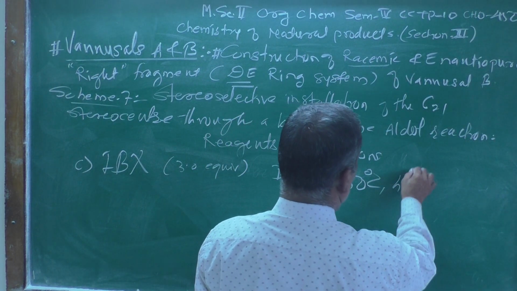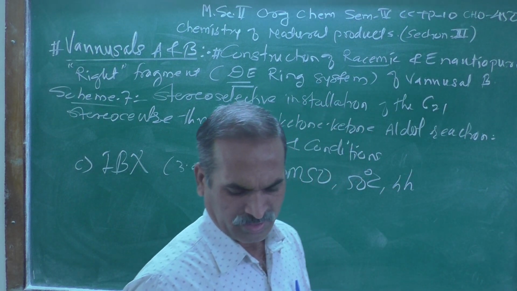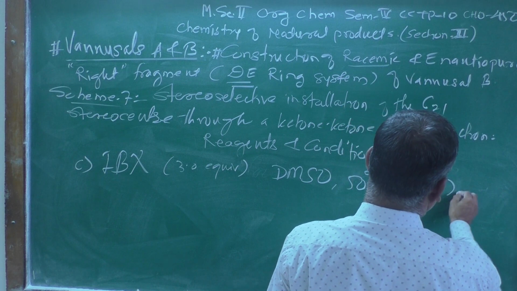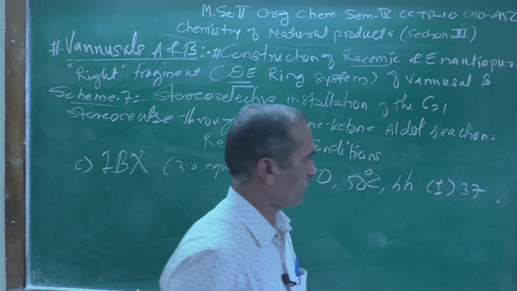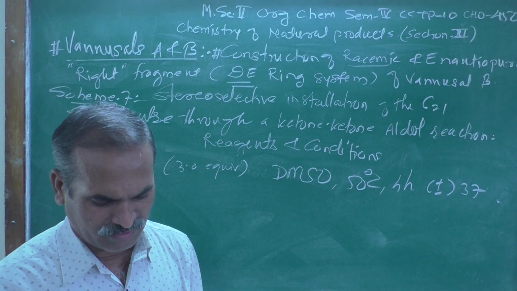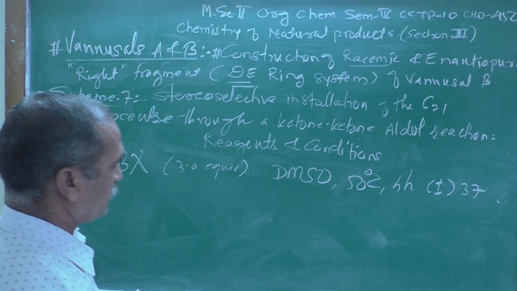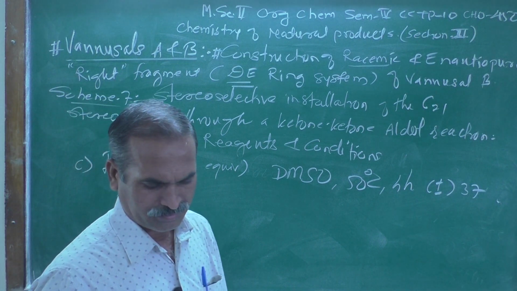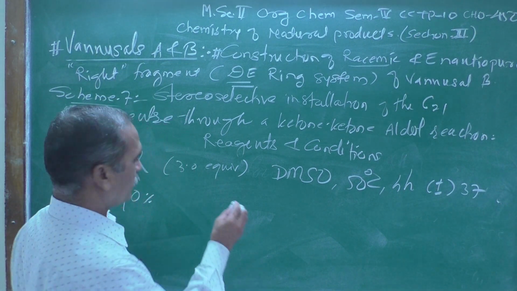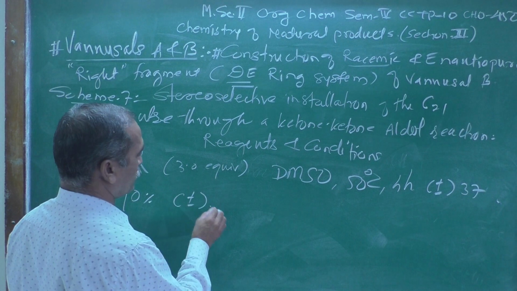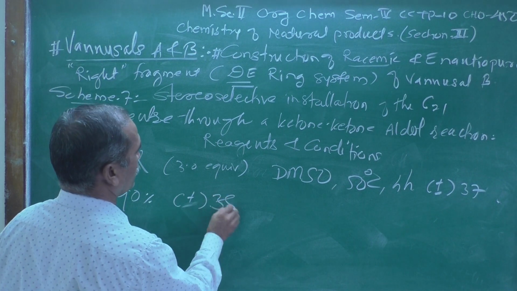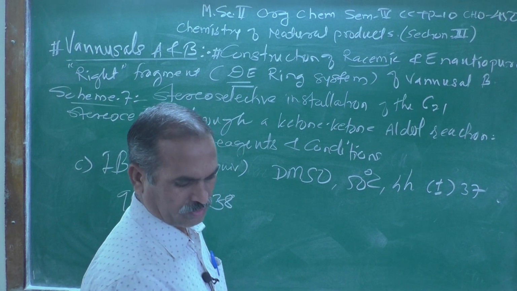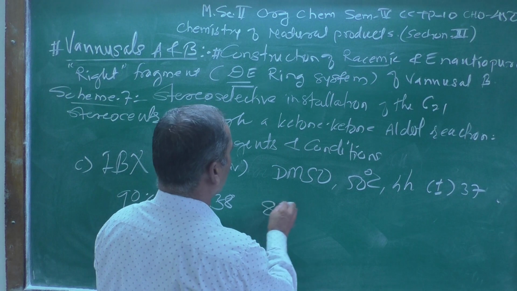The reaction is stirred for 4 hours and the racemic mixture 37 was obtained, and overall yield is 90%, and pure enantiomer compound is obtained as 38, near about 81%.